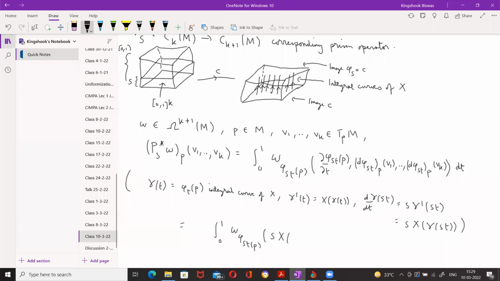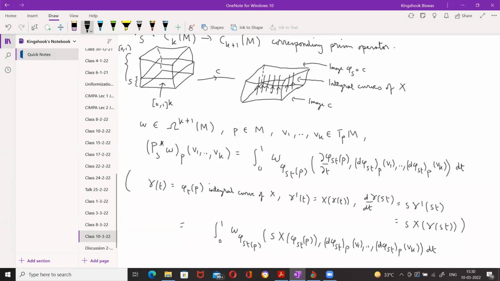And then I'll have d phi st at p v1 up to d phi st at p vk. Okay, and then I have this integral dt.